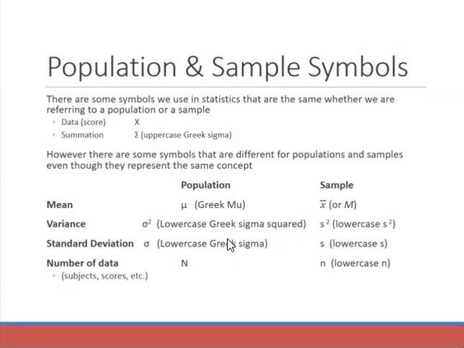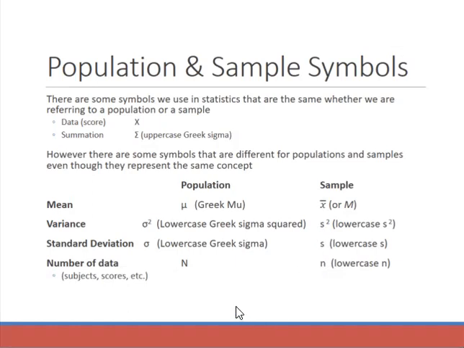Variance is the standard deviation squared, so the standard deviation is related. Standard deviation for a population is a lowercase Greek sigma, and standard deviation for a sample is lowercase s. So for the population, standard deviation is sigma, variance is sigma squared. For a sample, standard deviation is lowercase s, and the variance is s squared.